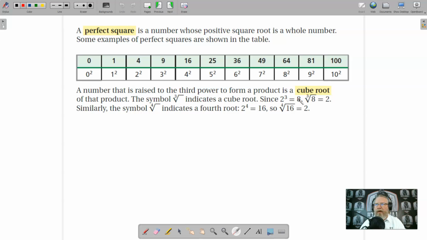Since 2 to the third is equal to 8, the cube root of 8 is equal to 2. Likewise, the symbol with a 4 in the place of the index, we would call this the fourth root of whatever number is under the radical symbol. For example, 2 to the fourth power is equal to 16. So, the fourth root of 16 is equal to 2.